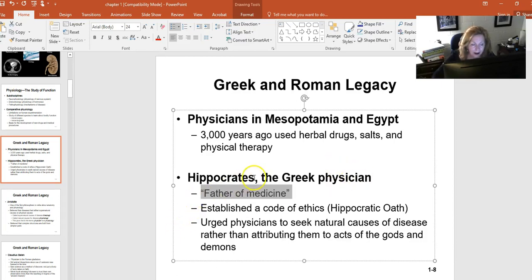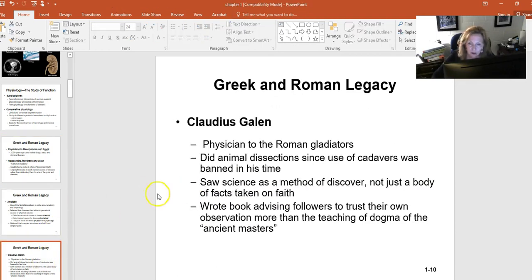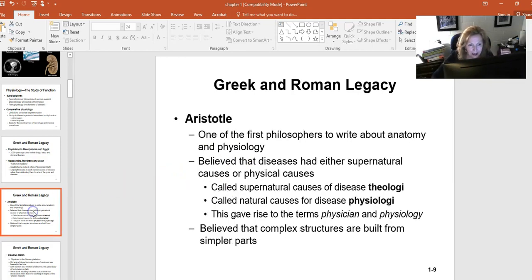As important, again, kind of FYI here, Hippocrates and Aristotle and some of the earlier people that we learned so much from said that there was always going to be a cause and effect for disease, and that we needed to seek out the cause and effect of situations. This was kind of revolutionary at the time, though, and actually not just at the time.